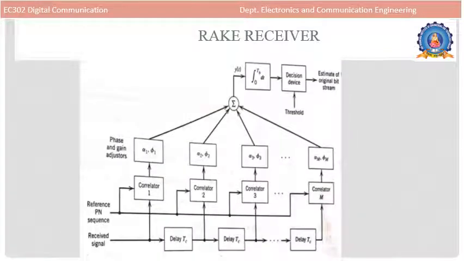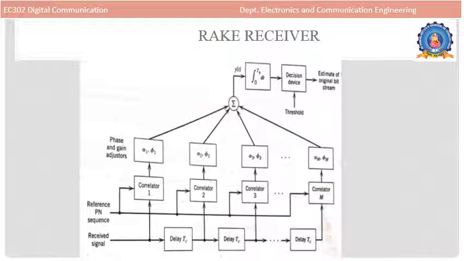This is the overall diagram of a rake receiver. Here we have a received signal that will be delayed. The delayed versions of these multipath components are given to each correlator. Here there are m correlators for the m multipath components, and each correlator has a reference PN sequence. One user has a dedicated PN sequence, and that PN sequence is given as the reference to all the correlators.